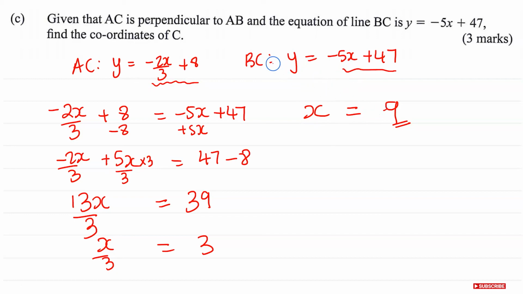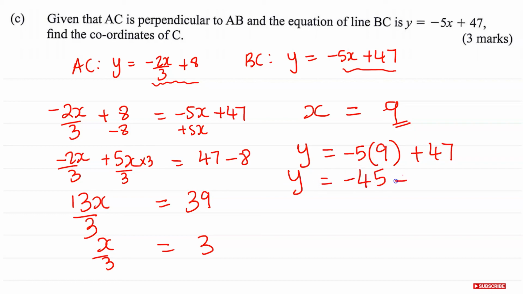So I'm going to use BC. So from BC, I know that y is equal to negative 5, and I'm going to put x in there, 9, plus 47. So y is equal to negative 5 times 9, which is negative 45, plus 47. So now I have y is equal to 2.